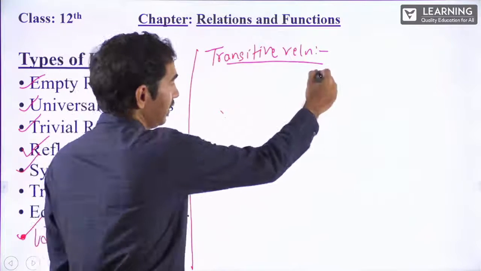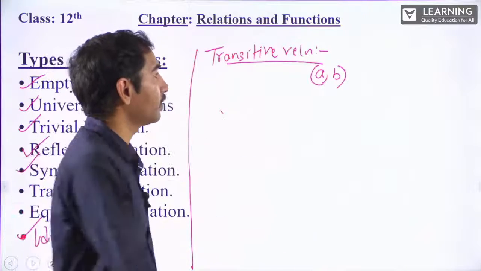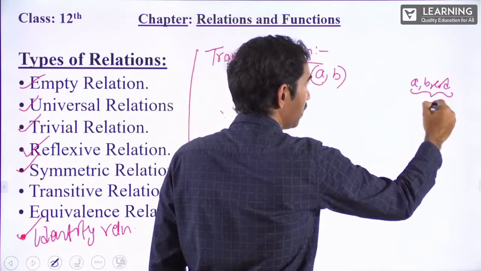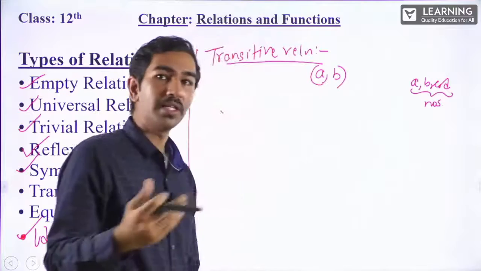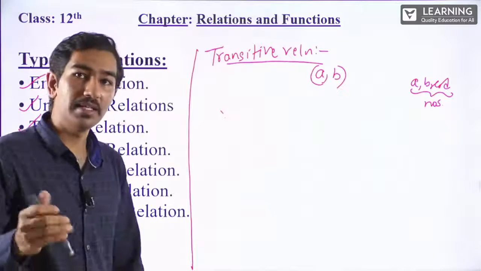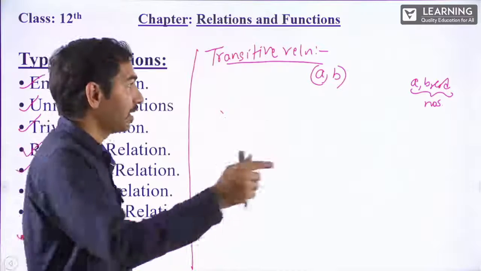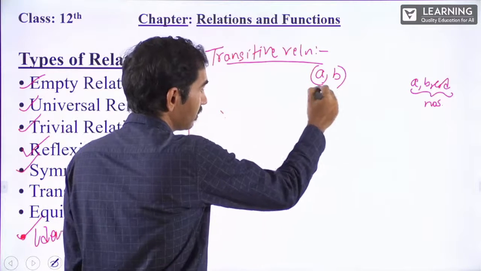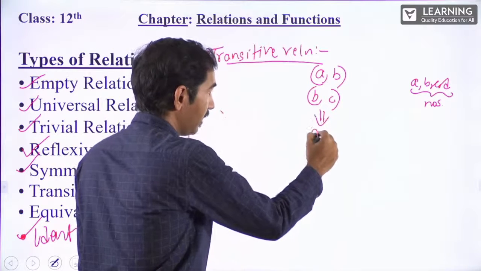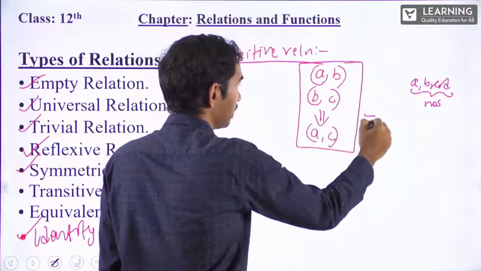In a relation, if A comma B is present, see, whatever letters I'll be writing, A, B, C, D, all these are nothing but numbers. Instead of using the numbers, we are using alphabets, that's all. So just think these are numbers only. If in a relation there is A comma B, and there is also B comma C, then if A comma C is present, this relation is called a transitive relation.